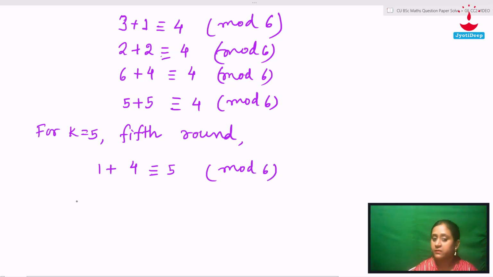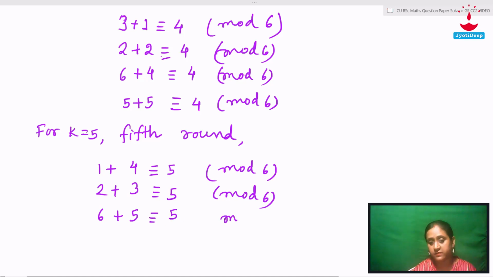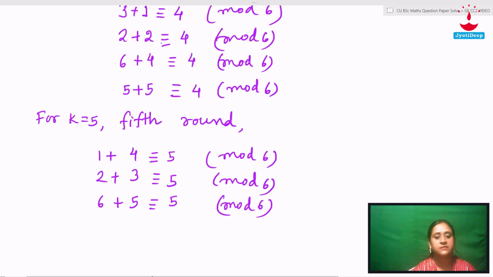Okay, 2 plus 3 congruent to 5 under mod 6. And 6 plus 5, that is 11. Under mod 6, it will also give 5. We have taken 1, 2, 3, 4, 5, 6. All the teams have been taken. So it's okay.